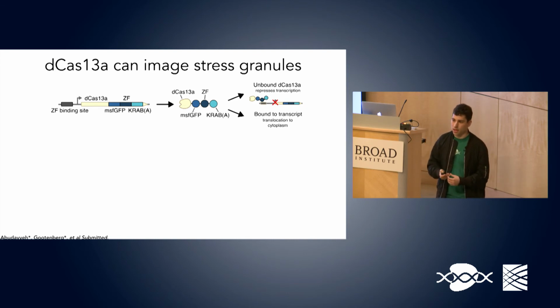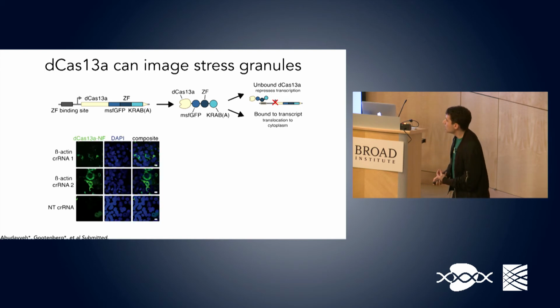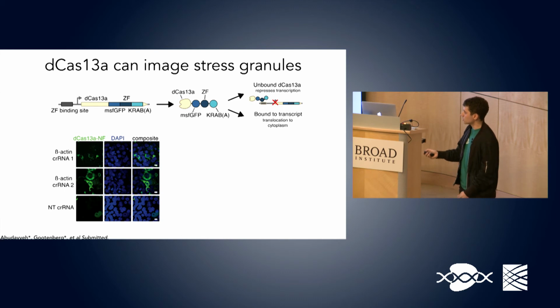We should be able to see a big increase in cytoplasmic signal, and therefore the ability to separate signal from noise. If we look at the dCas13 in 2 targeting conditions with either beta-actin guide compared to non-targeting, you can see that in the 2 targeting conditions, we get much more expression compared to non-targeting, and it's cytoplasmic compared to nuclear, which is a good indication.